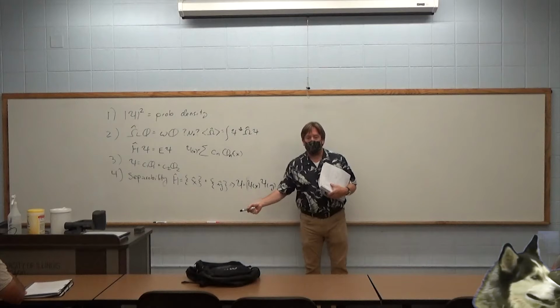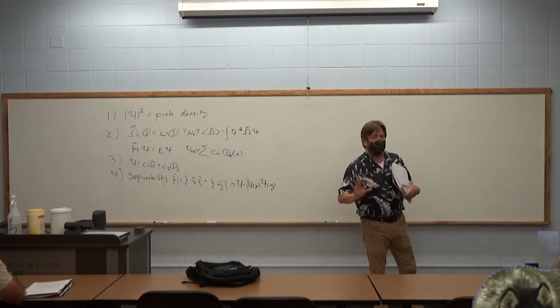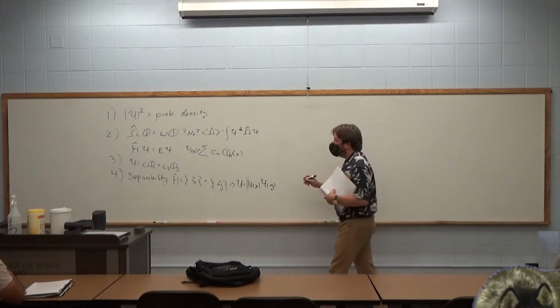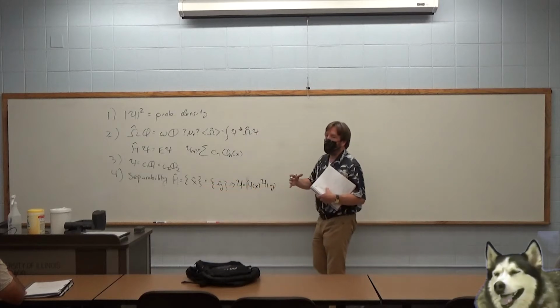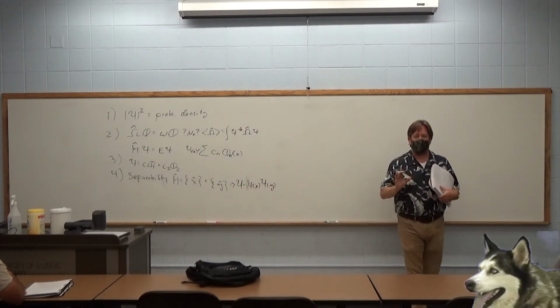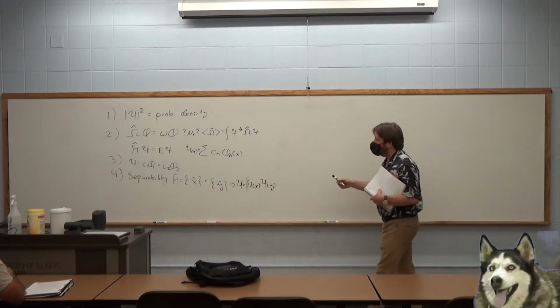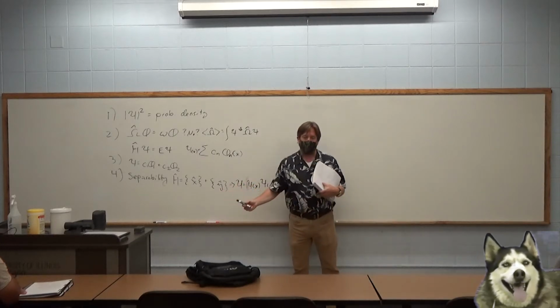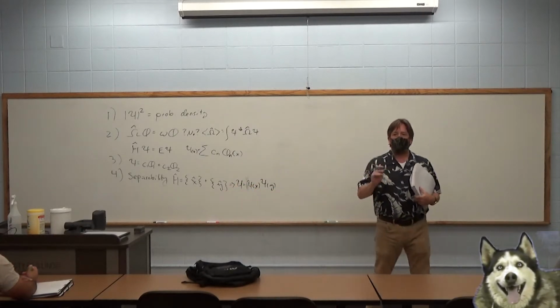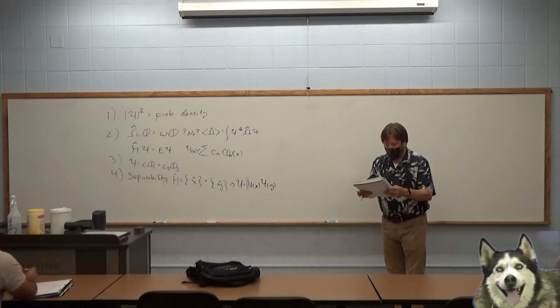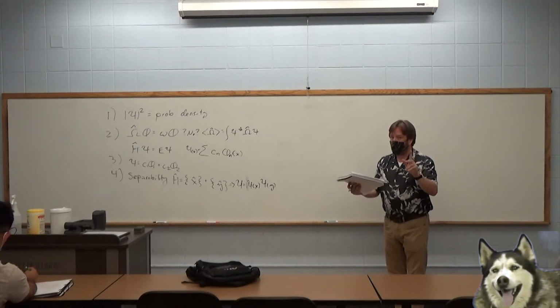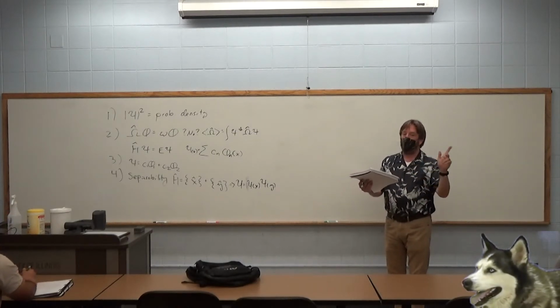Now, the hydrogen atom Hamiltonian, it's actually kind of hard to see that. The fact that it works like this is a little obscure, and you have to tease it out. So understand that separability may not be so obvious at times. We'll see that kind of soon. We're going to do a particle in a sphere. Not a particle in a box, a particle in a sphere. It's way harder.